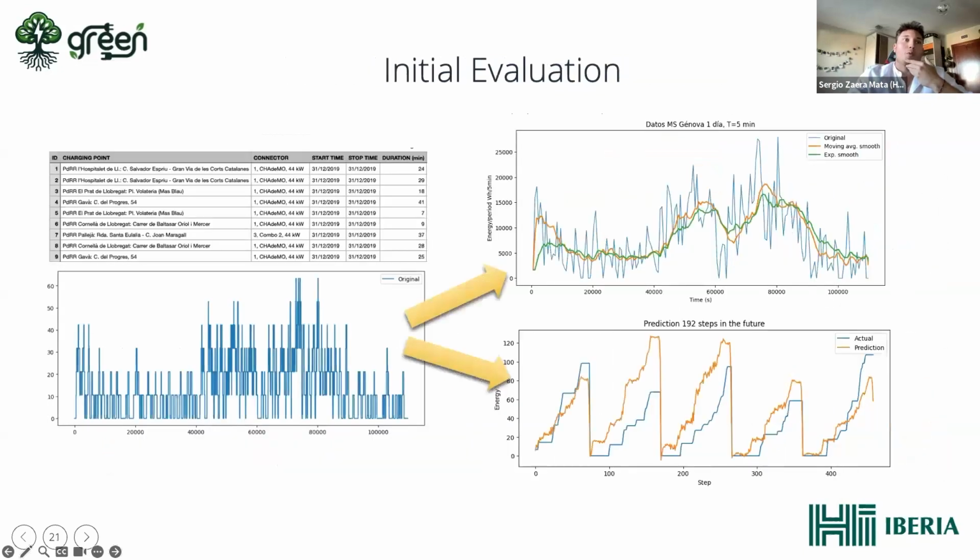So for the initial evaluation, you can see here the table and the first, let's say, unprocessed data of the dataset, and two different approaches. The first one was only with a smoothing, and the results were really bad because it's really irregular. Let's say one Monday you can have three vehicles, but the next Monday you have 8, and there's no real pattern here.